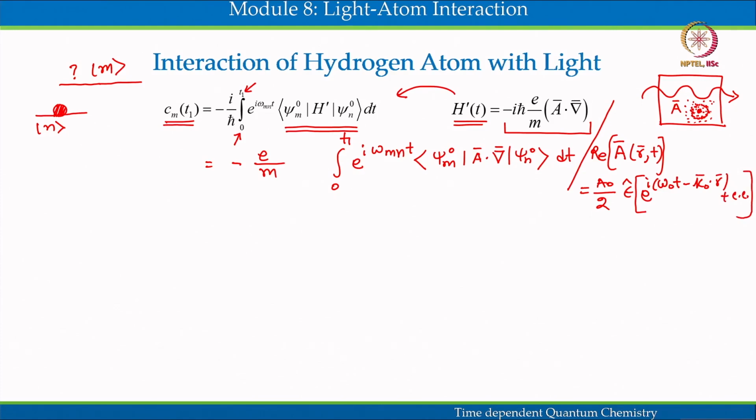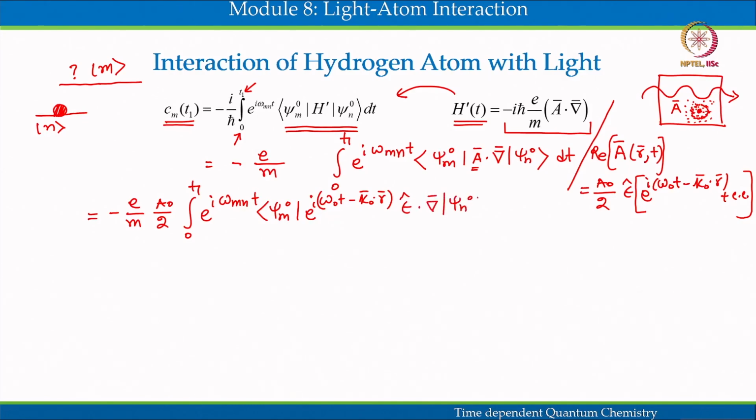So if we insert that one here, we get now two terms. One term is minus e by m, then A naught by 2, then the integration 0 to T1 e to the power i omega mn t, then this A would be expressed as e to the power i omega naught t minus k naught dot r, then the polarization unit vector, psi n0 dt.